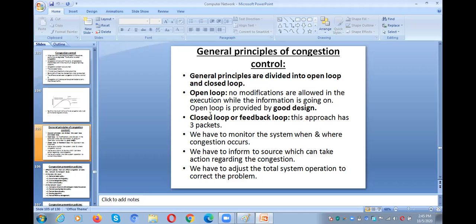Open loop means it won't allow us to do modifications once the network design is done. So while you are constructing the network itself, while you are designing the network itself, you need to take care of a very good network design. If you have a very good network design, then the congestions will be low. Okay, that is what open loop is.